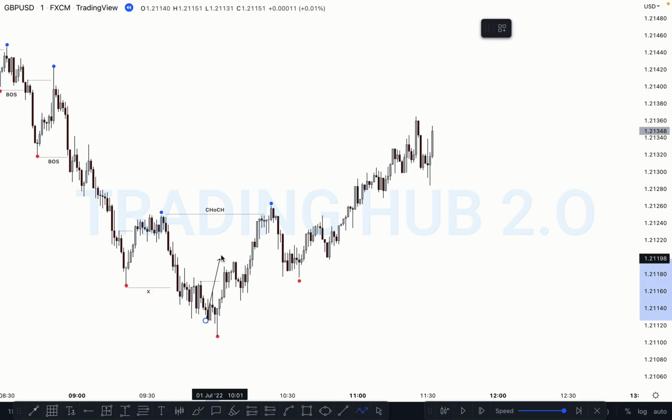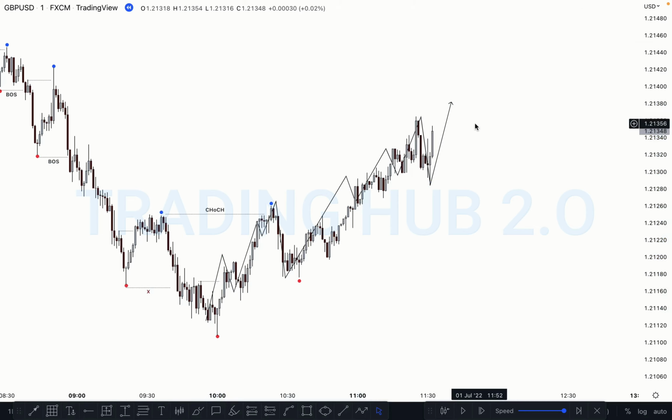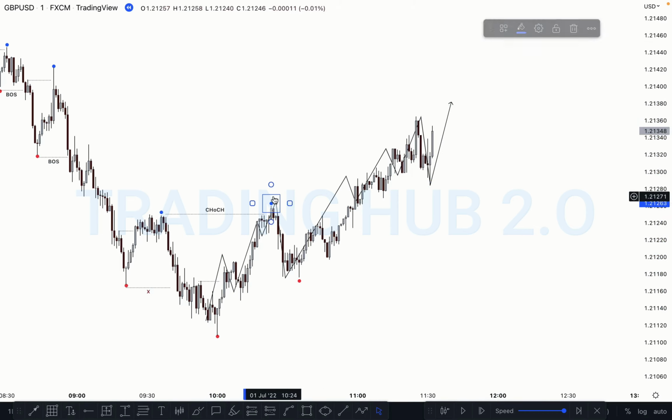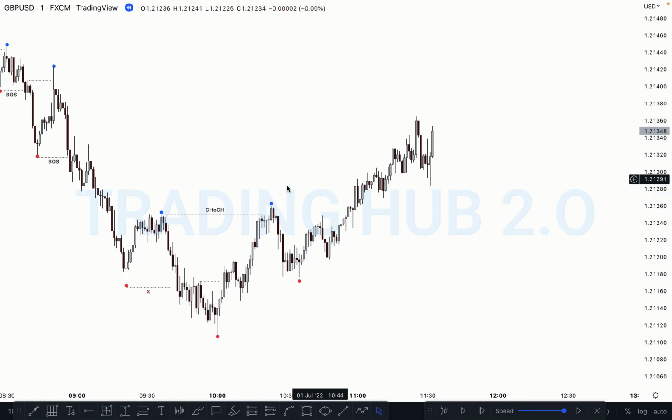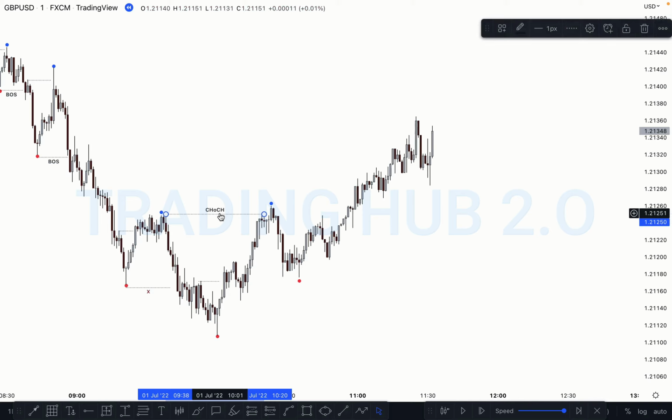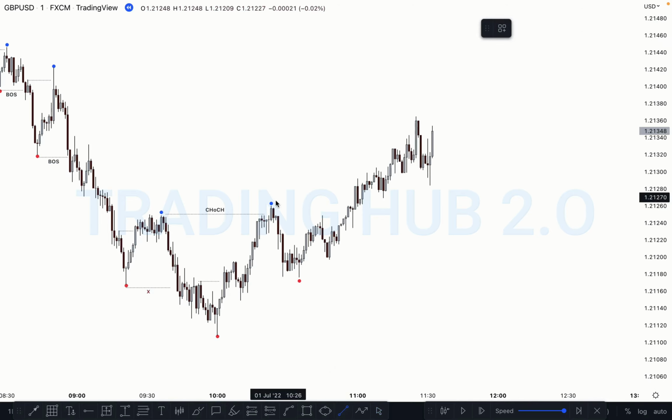Because you can see the market moved something like this, and then the market broke the minor recent low, and then pushed higher, and again broke this previous low and tried to go higher. So this indication is here, this one is confirmed, right? And this move is called break of structure, correct?